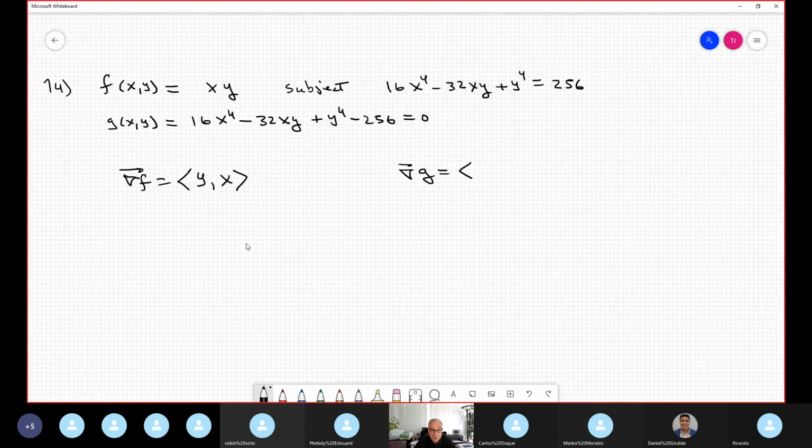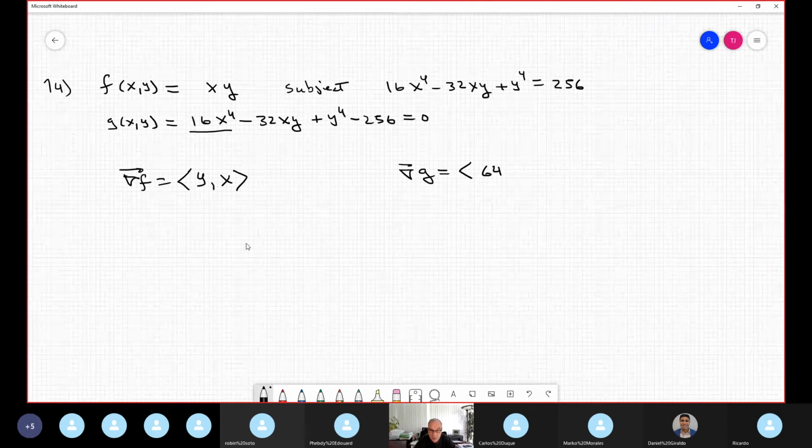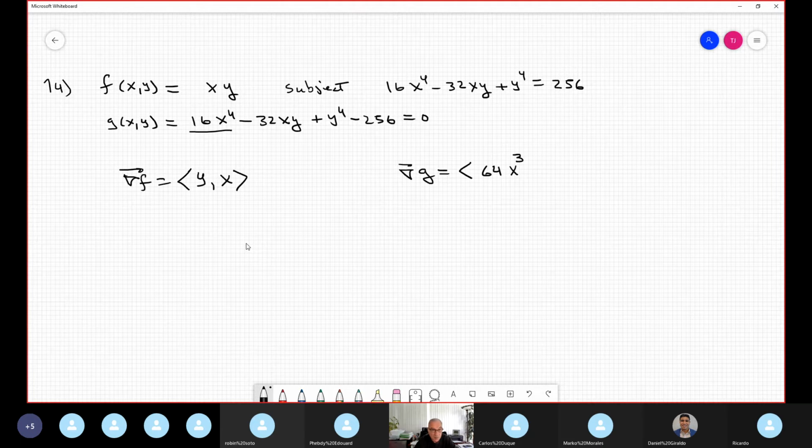It is 64x cubed minus 32y for gx, and the derivative with respect to x of the other part is 0.